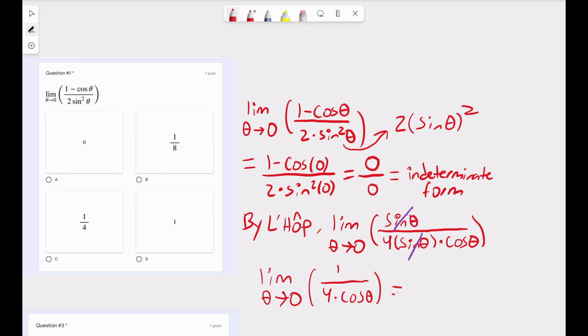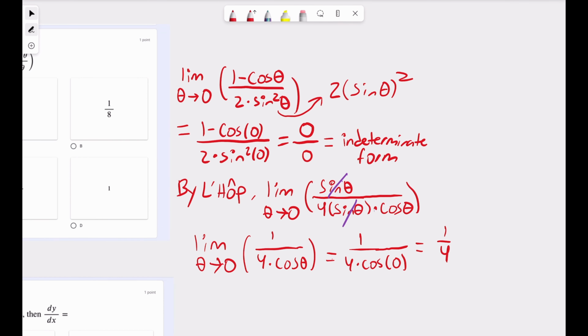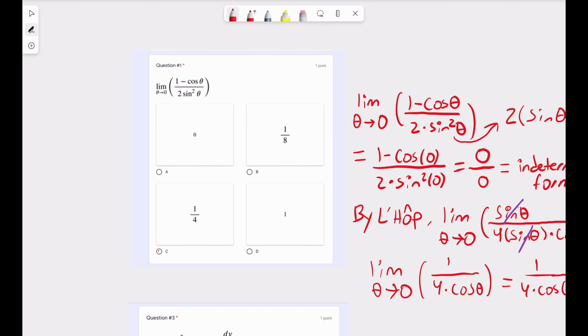And now when we plug that in, we will get 1 over 4 times cosine of 0. And then cosine of 0 is 1, so our answer is 1/4. So C.